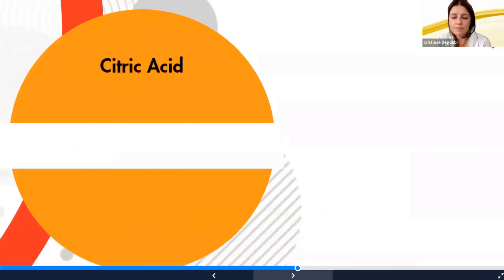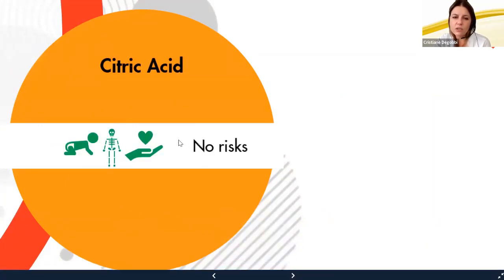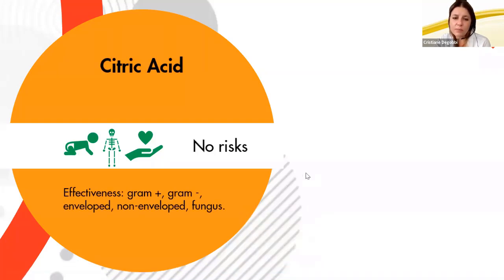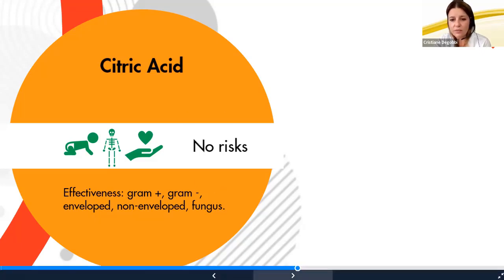Citric acid is also considered green because there is no risk in regards to the environment or birth defects and also cancer. It's usually effective against gram-positive bacteria, gram-negative, enveloped, non-enveloped, and fungus. So it does have a broad spectrum of action, but it depends. You need to check with the manufacturer.